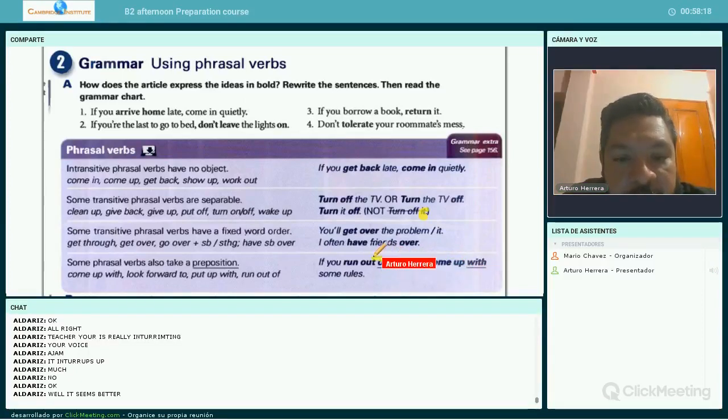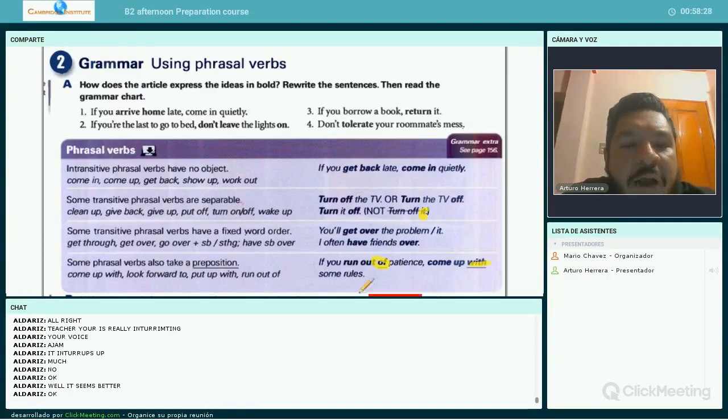We have a preposition, with. We have three-word phrasal verbs. They are all together. We don't need to split them. Any questions about them?